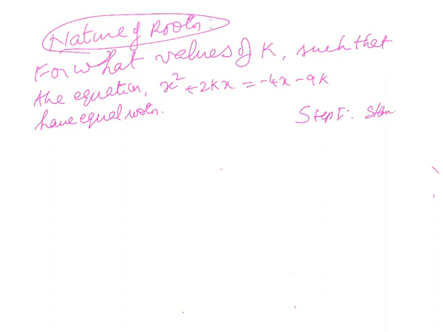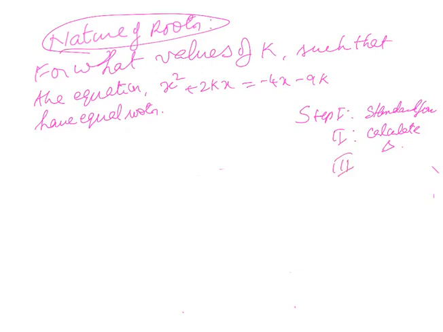I have to ensure the equation is in standard form. Then step two will be to calculate the discriminant, and then I find the nature of the roots, or I find the relevant value. And then will be step 3.